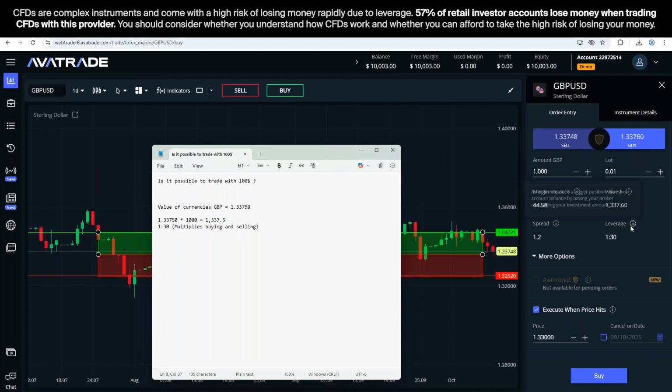Because when we multiply it by 30, I can naturally divide the value by the leverage to know my margin impact. Again, let's write it down: value divided by leverage equals margin impact.